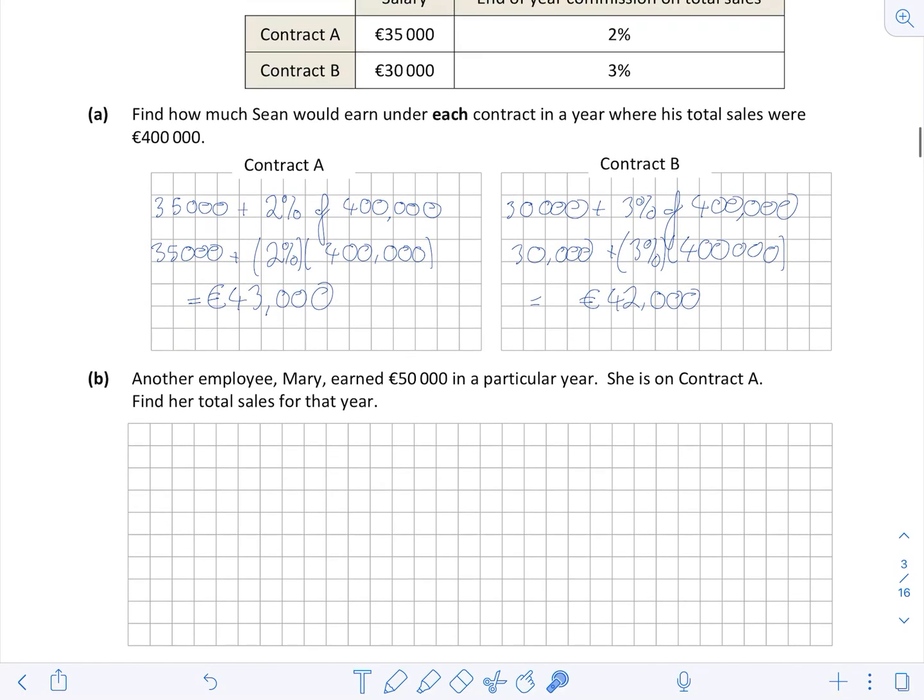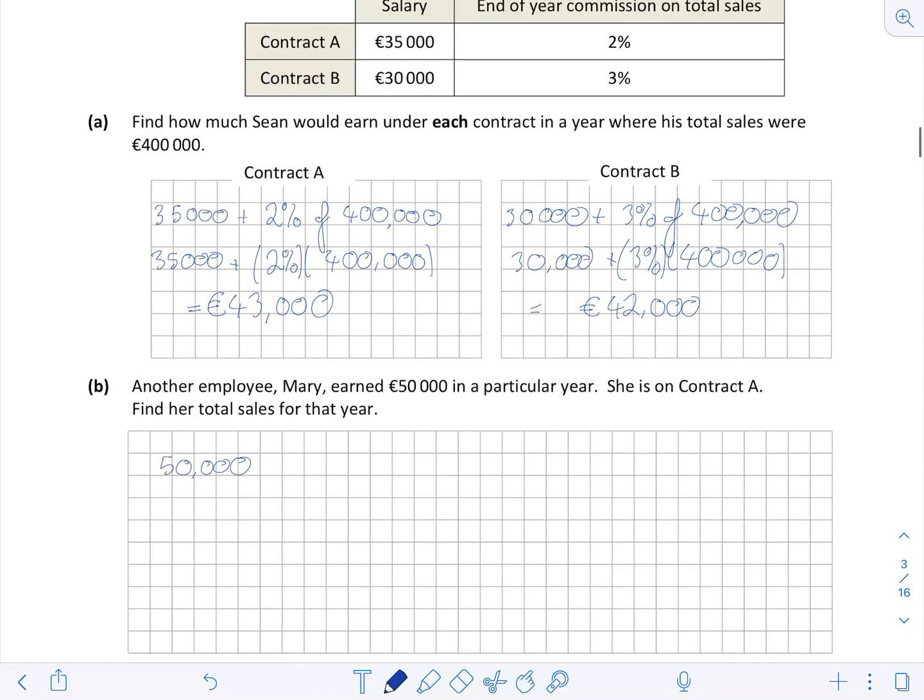Okay, so let's think about what we have here. So we have 50,000. So that's what she earns. So she earns 50,000, and this is equal to commission plus base salary. I'm going to change that word sales to commission.